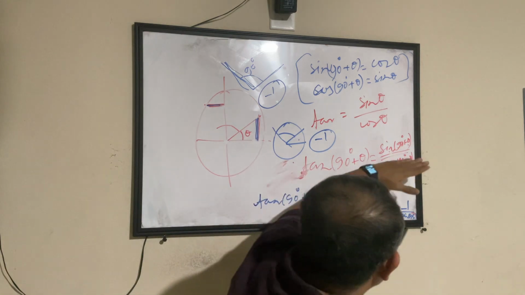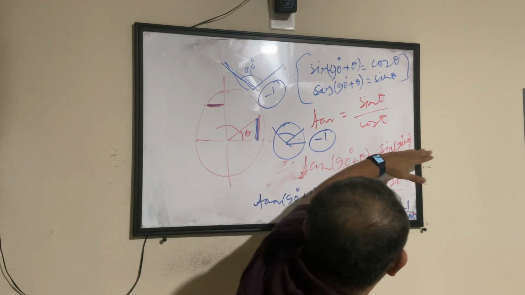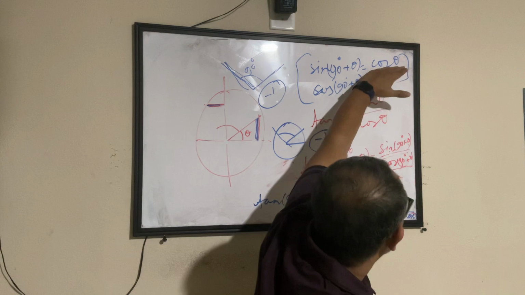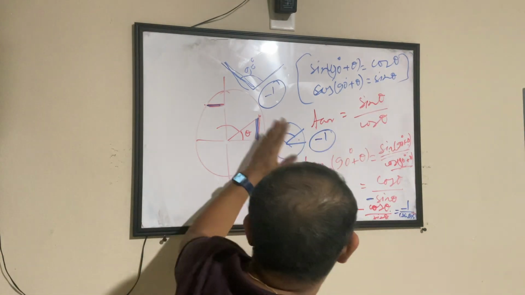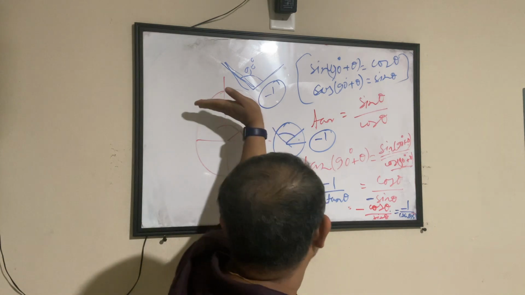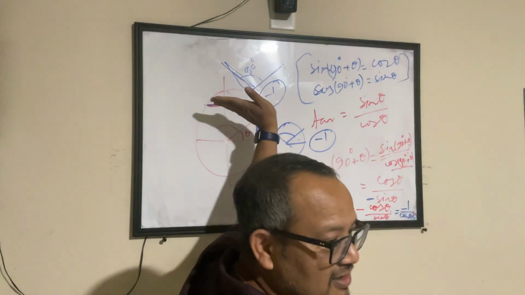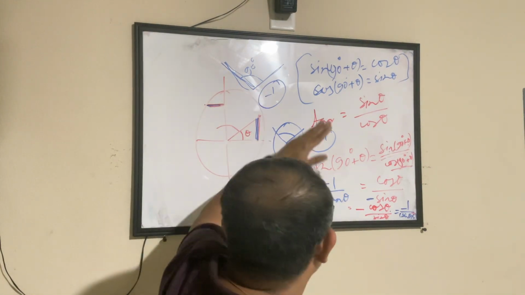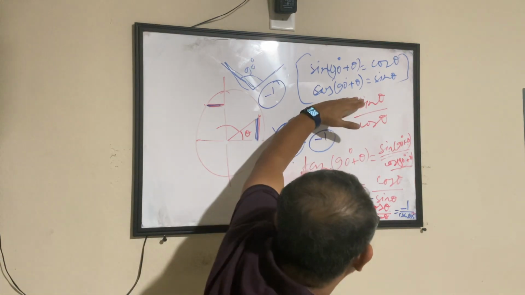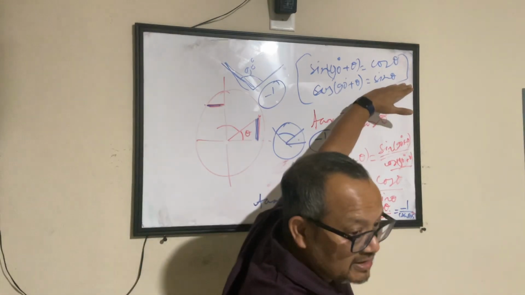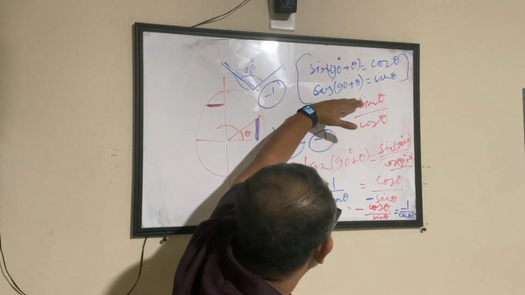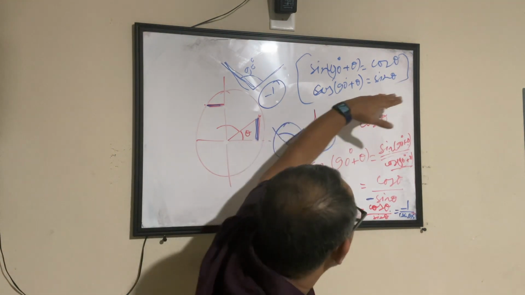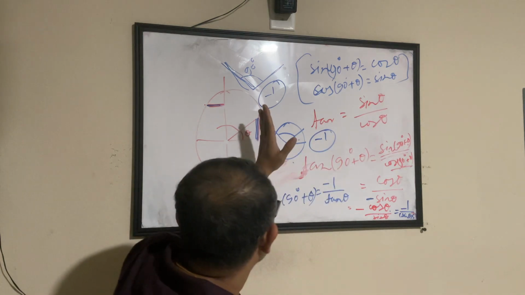So that is how, when we saw sine of 90 degrees plus theta, sine 90 plus theta equals cos theta. Same value, but since this is moving to this side, it becomes negative. Similarly, cos 90 plus theta in absolute value terms will be sine theta, that's what we derived. Sorry, cos 90 plus theta equals sine theta.